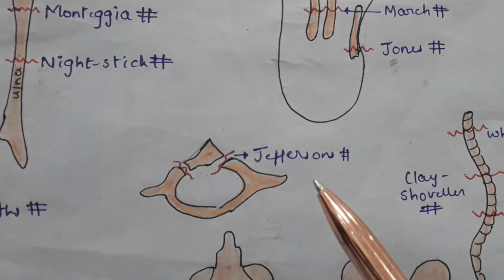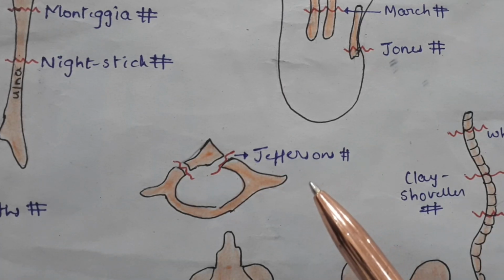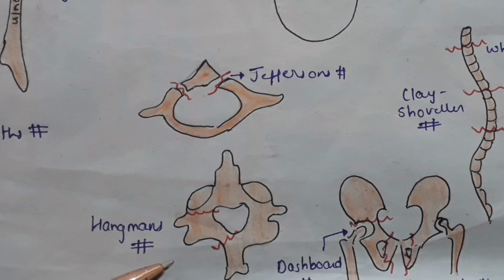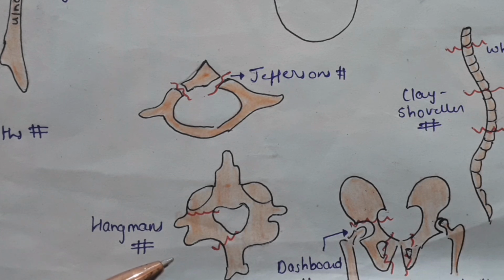Jefferson's fracture is a fracture of the first cervical vertebra, that is C1. Hangman's fracture is a fracture through the pedicle and the lamina of the C2 vertebra with subluxation of C2 over C3 sustained in a hanging position.